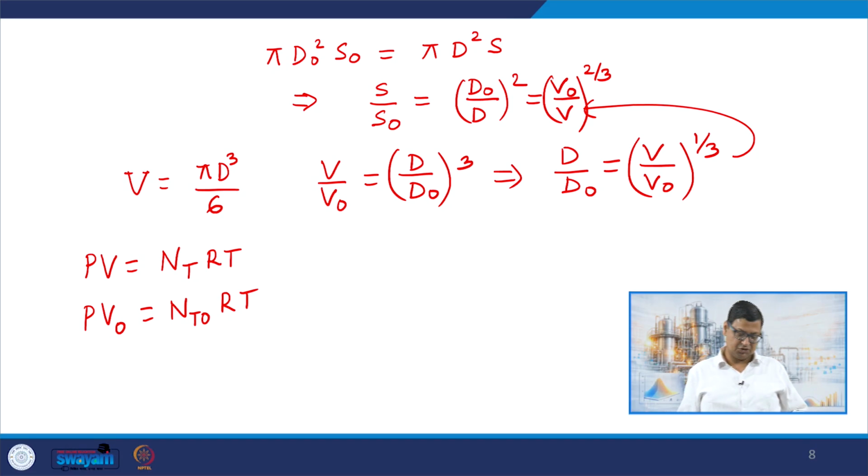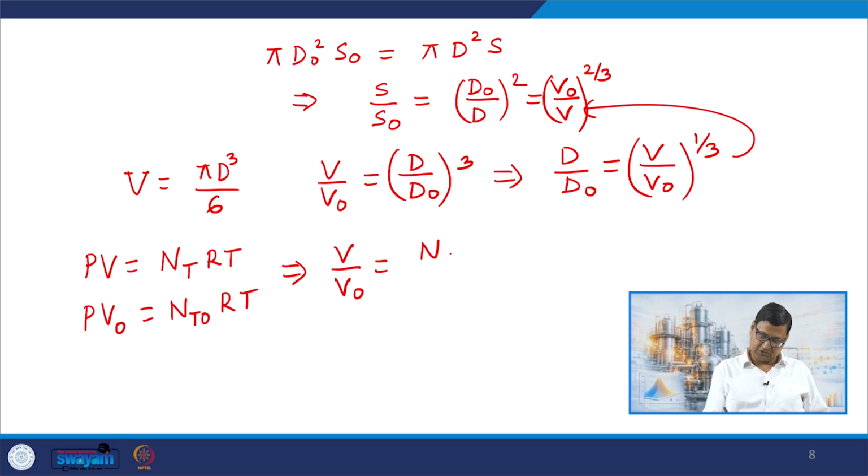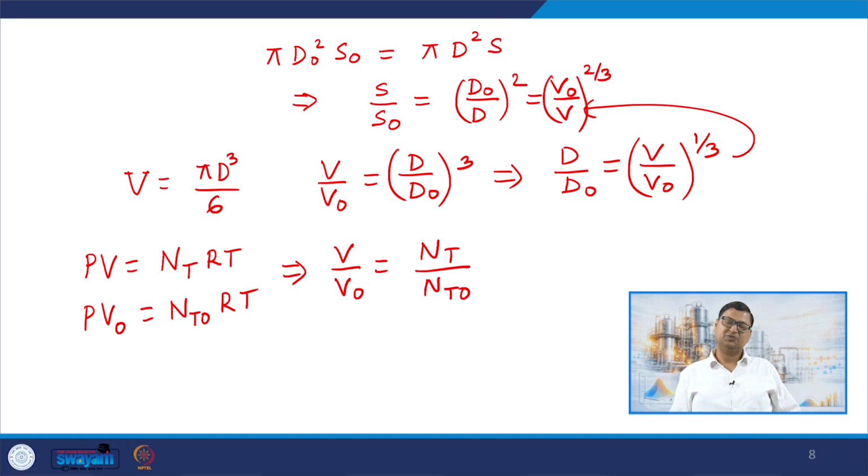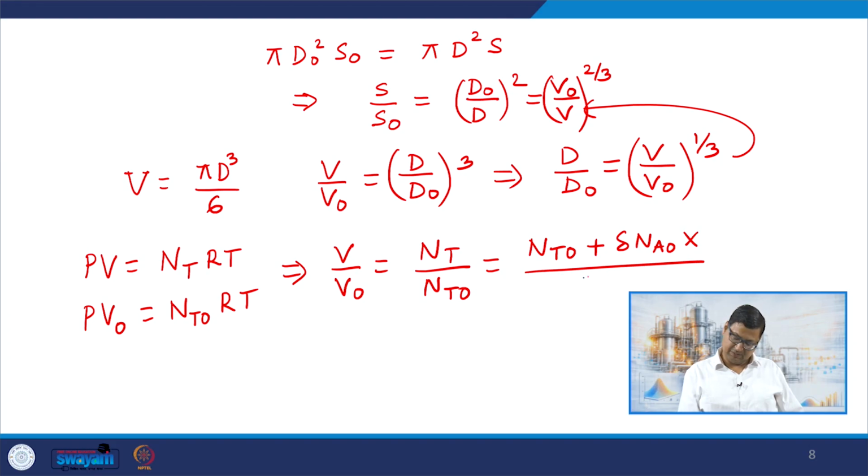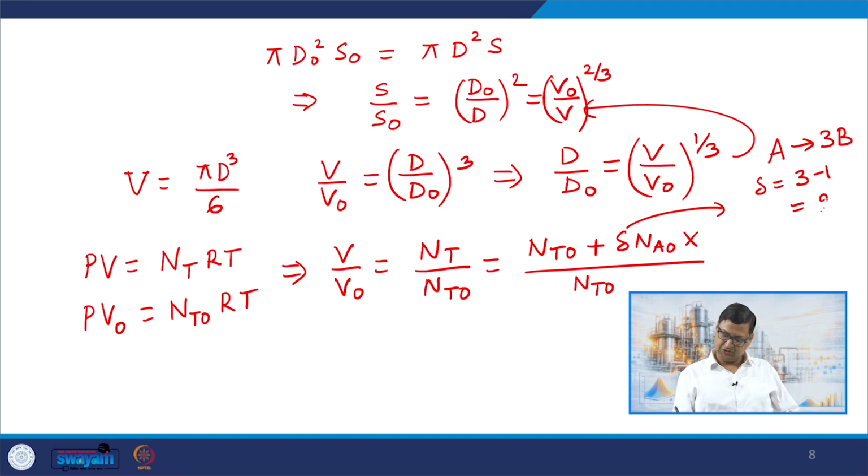So if I divide these two, this gives me V by V naught is equal to Nt by Nt naught, and the number of moles at time t we have done by stoichiometry, that is given by Nt naught plus delta Na naught x, divided by Nt naught, where delta is the sum of the stoichiometric coefficients. In this case, we have A going to 3B, so delta is 3 minus 1, which is equal to 2.